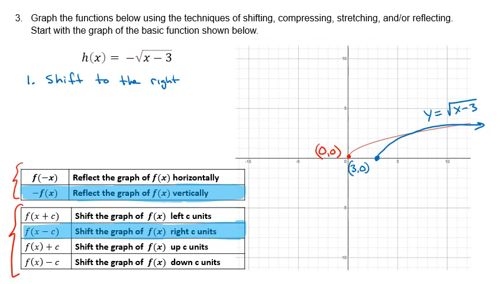And then step 2, reflect vertically. So now this blue graph, I'll use green for the final answer. Now the blue graph is going to be reflected vertically, or over the x-axis.